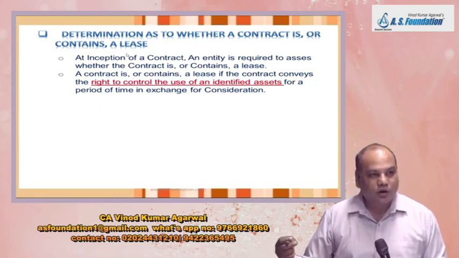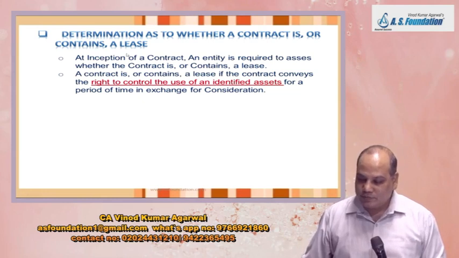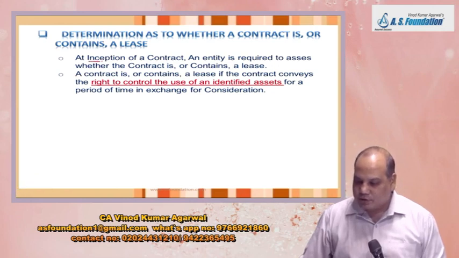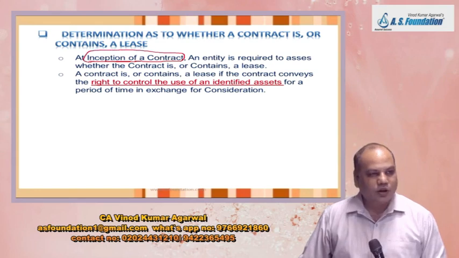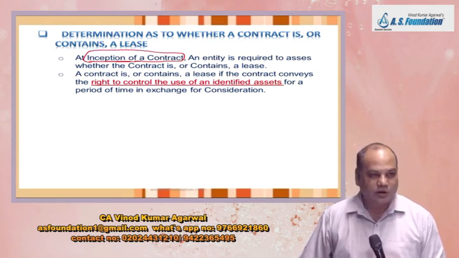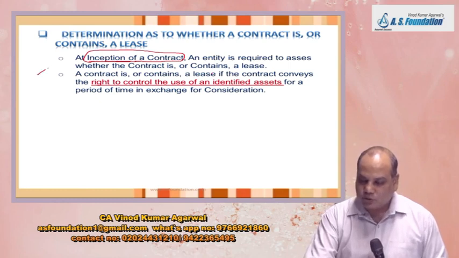So we have to now learn how to identify a lease at the inception of the contract. Underline the word inception. I will explain its meaning after some time. Inception of the contract is generally when you sign a lease agreement. When you normally sign a lease agreement, an entity is required to assess whether the contract is or contains a lease. So when are you going to check this?